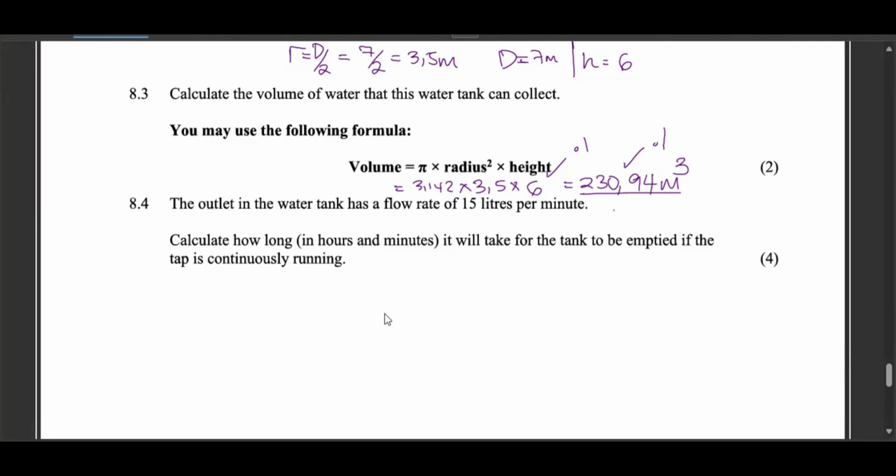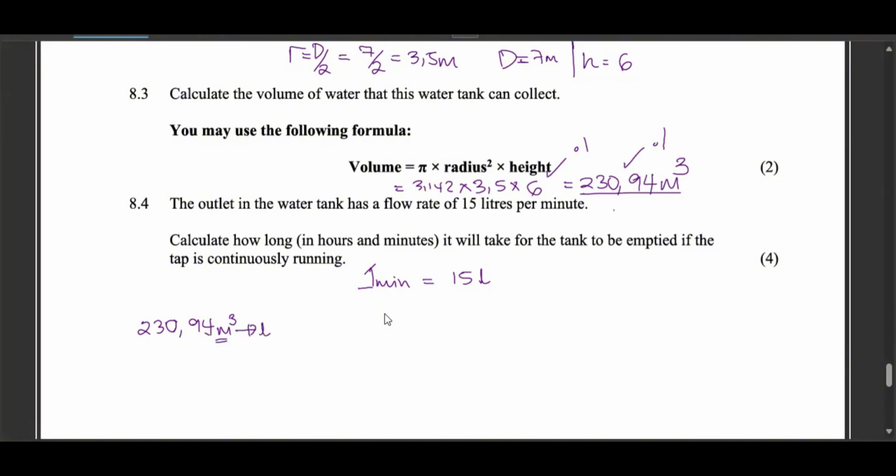Anyway, what you're going to do, they have told us, for 1 minute, the water that is pouring out is 15 liters. Not kiloliters, 15 liters. For you, you have 230,94 meters cubed. Now, these are not yet liters. What do we do? Change them to liters.